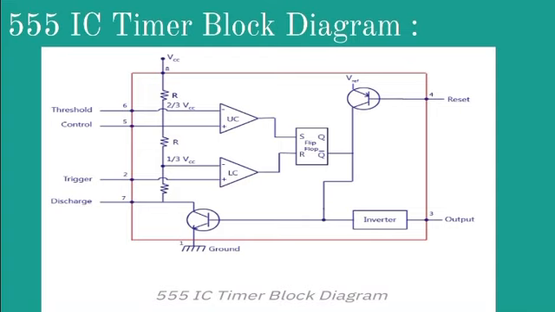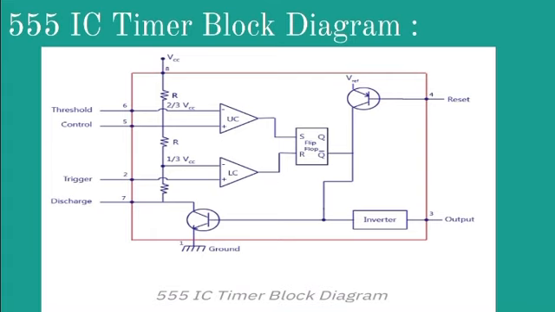So here the 555 timer has two comparators, which are basically two operational amplifiers, an RS flip-flop, two transistors, and a resistive network, as you can see here. So here the resistive network consists of three equal resistors and acts as a voltage divider.